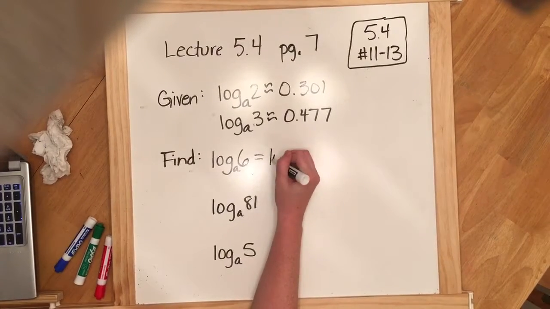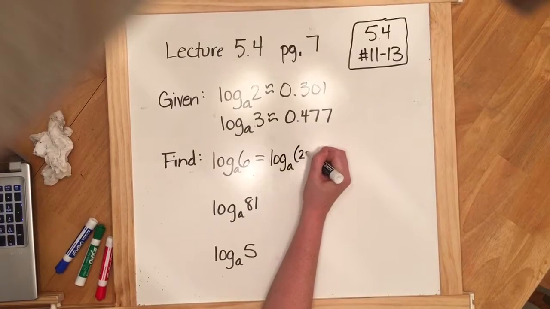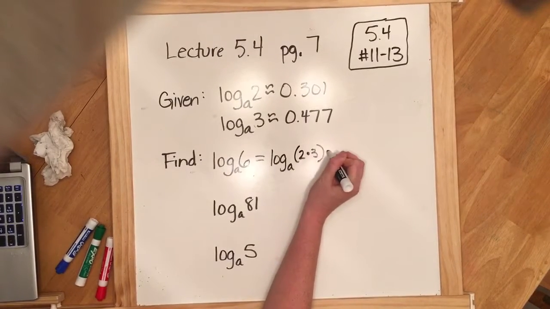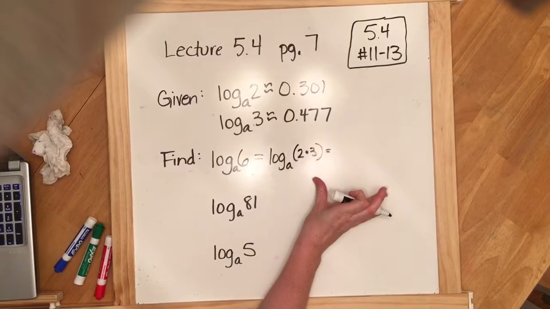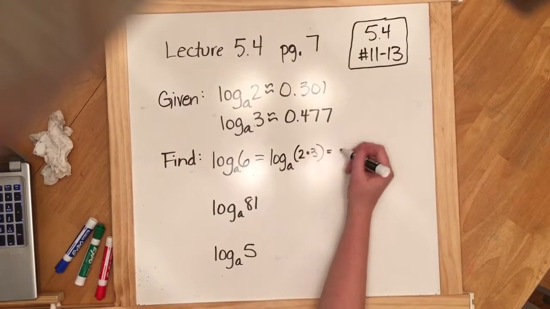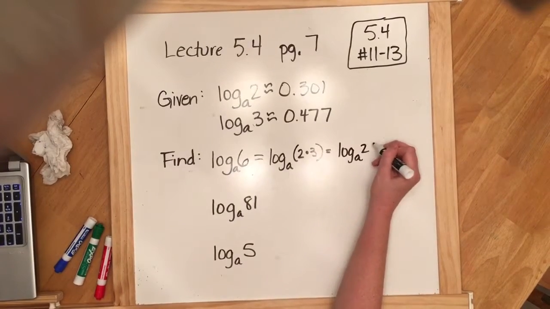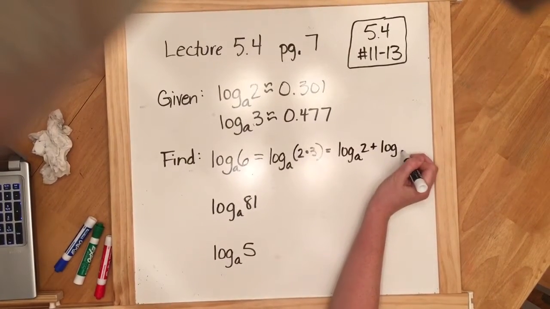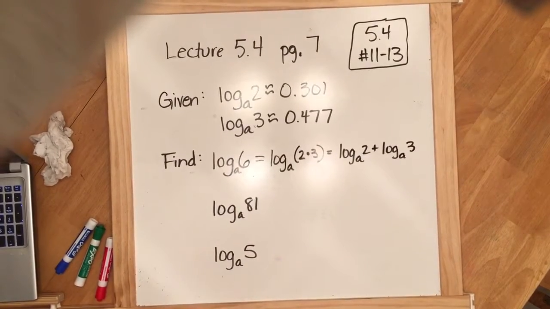Well, 6 can be written as a product of these two, so that's 2 times 3. So then, if we can write them together as a product, we can use the product property to split them up into log base A of 2 plus log base A of 3, and then we can calculate log base A of 6.